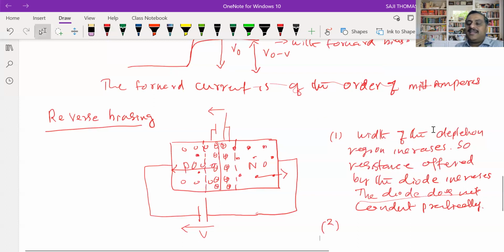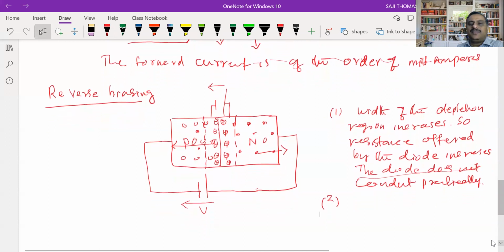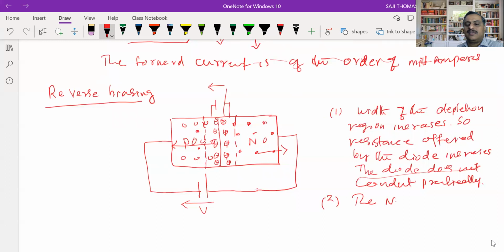Now barrier height increases. The net potential difference across the junction is V0 plus V. Barrier height increases.